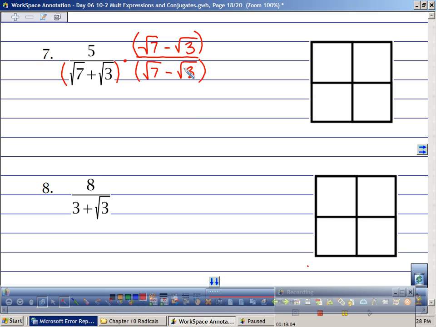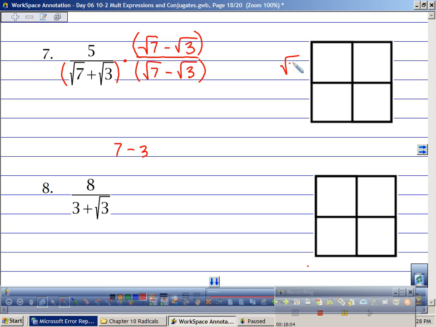Right? So when I do this, I'm actually just squaring the first term, which is root 7 times root 7, which is 7, and squaring the last term, which is root 3 times root 3 is 3. That's what I was doing in my head.